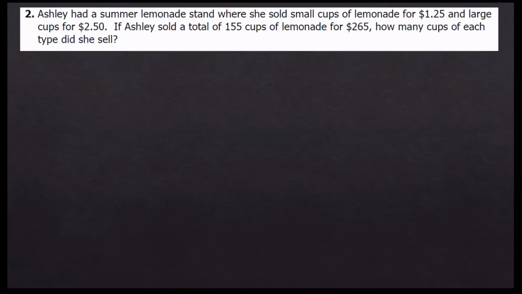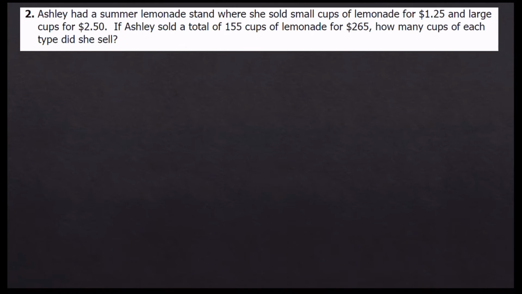Okay, let's read this one. Ashley had a summer lemonade stand where she'd sold small cups of lemonade for $1.25 and large cups for $2.50. If Ashley sold a total of 155 cups for $265, how many cups did she sell? So we got to go back through. Ashley had a summer lemonade stand. Okay, not really important.